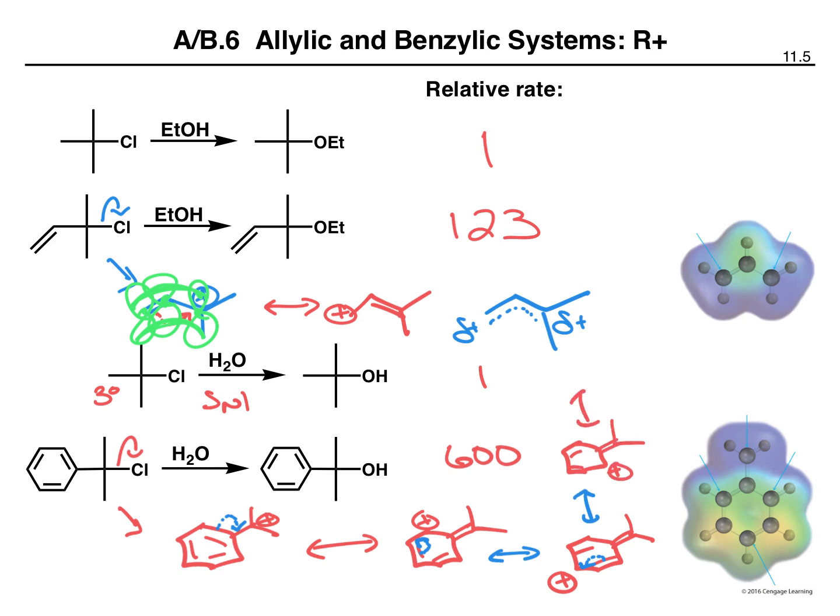And then finally, we can imagine these electrons move here, which gives us a resonance contributor that looks like this. In other words, this particular benzylic and tertiary carbocation exists as the resonance hybrid, which has partial double bond character here and partial double bond character all around the ring.